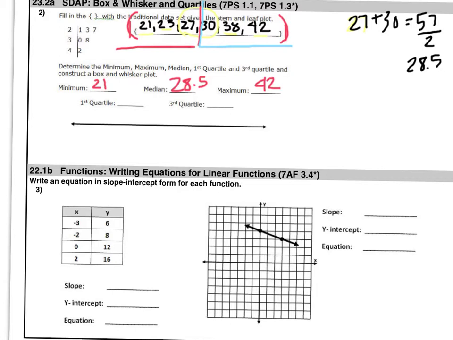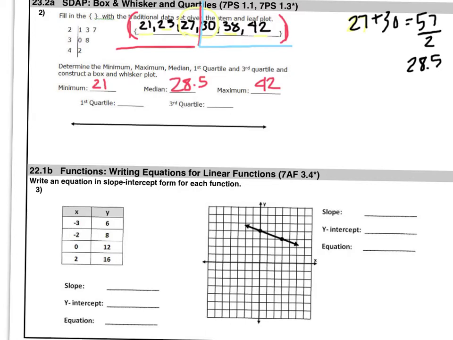Well, we have to find the middle. Okay, so where is the middle or the median of that data range? Sorry, changing colors again. So we need to find the first quartile, which is the median of this lower set.